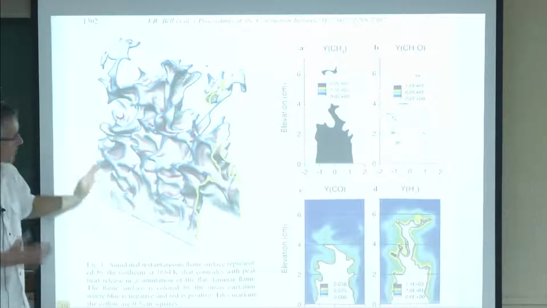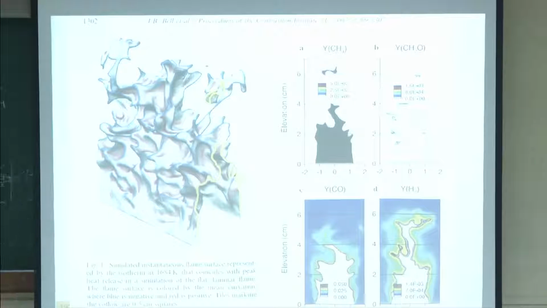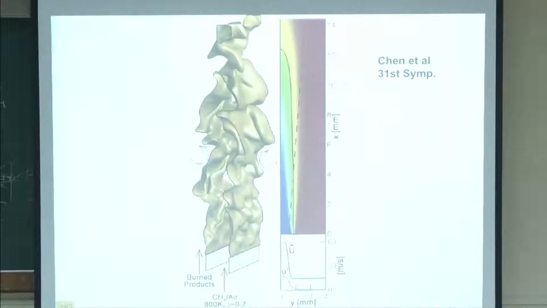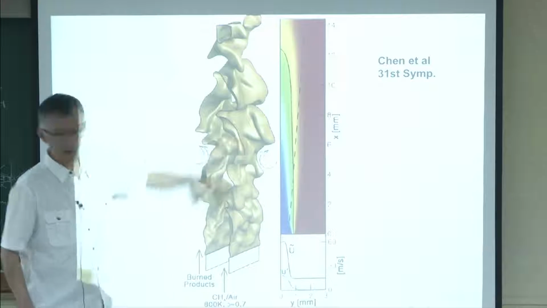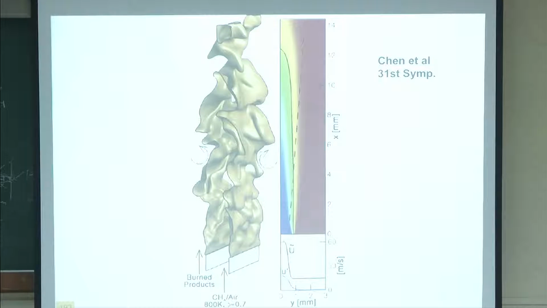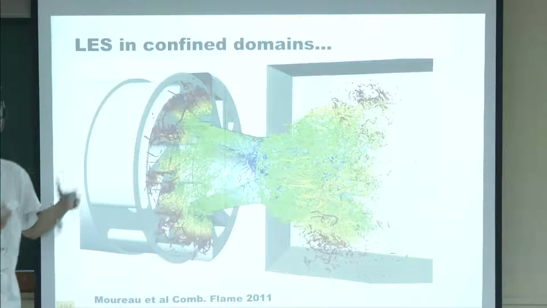And here the flow is still unconfined. So you can still use your classical methods, IJK codes. And this was done by the group at LBL in California or by the Sandia group. And all these codes here are still IJK codes. But if you want to do this one, of course, then there's no way you can even hope to mesh something like this.